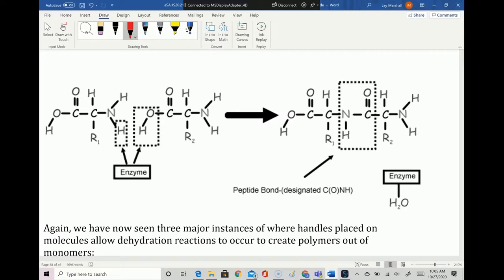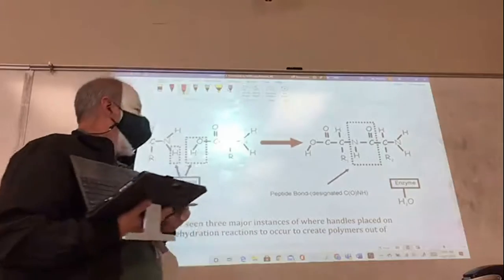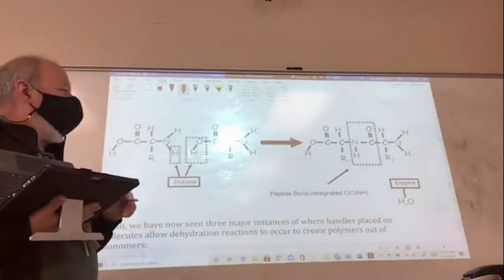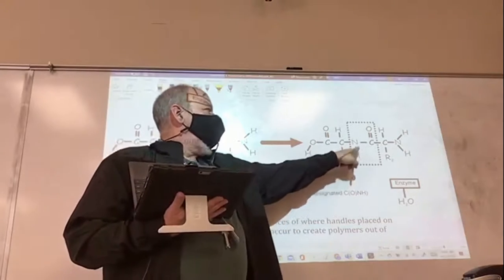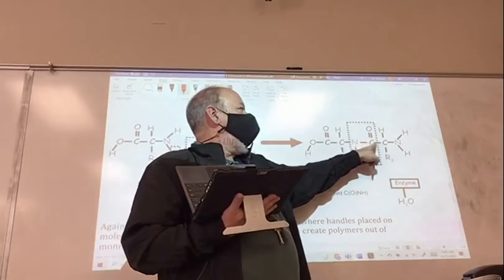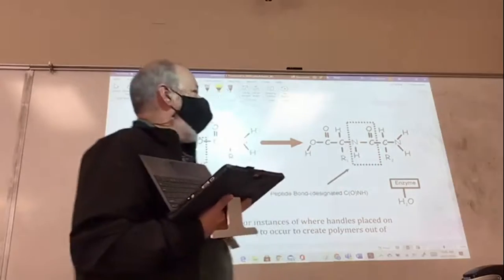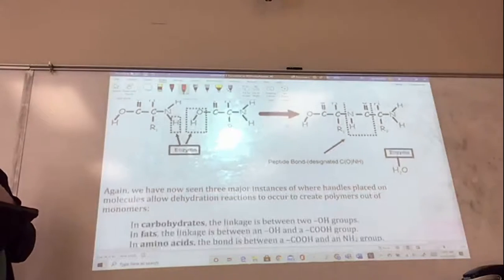Okay, it's going to cut those out, and that's going to leave me with a nitrogen that has this other hydrogen here hooked to the carbon that's double bonded. Okay, and we're going to call this a peptide bond. You don't need to know this designation, but this is a peptide bond. The nitrogen from one amino group hooks onto the carbon from its neighboring acid group. Okay?